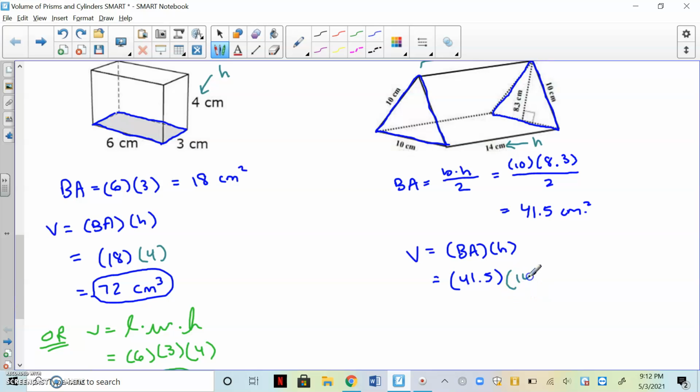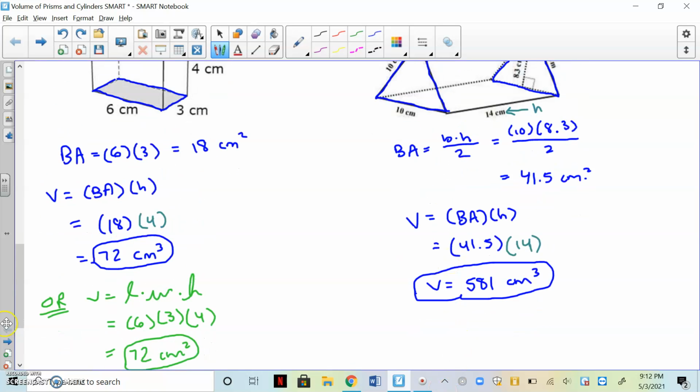So my height is 14. Now I can just go ahead and calculate this, and I'll find that my volume is 581 centimeters cubed. All right, and that is all for today.